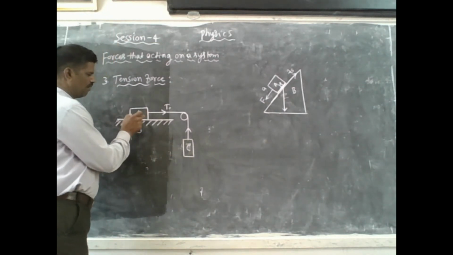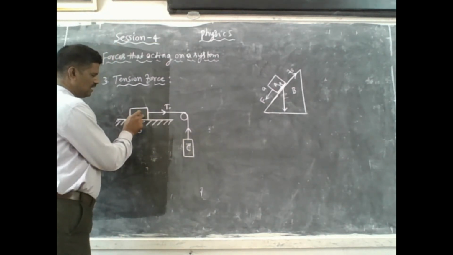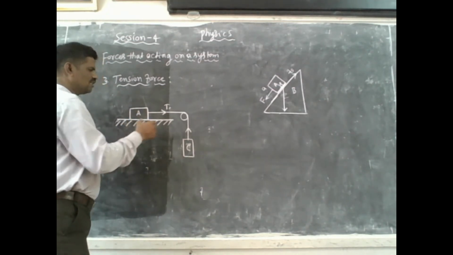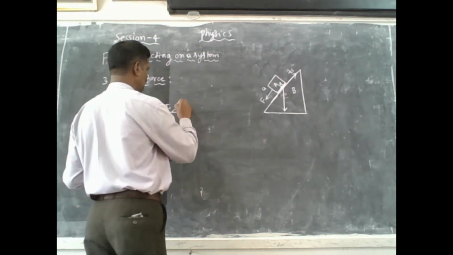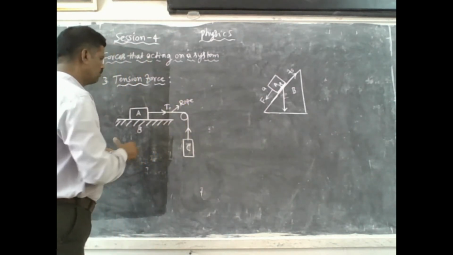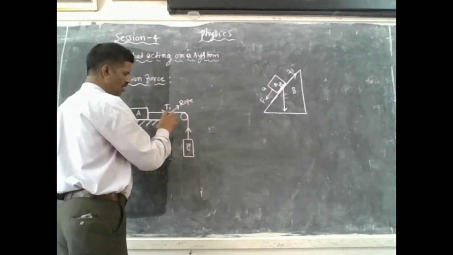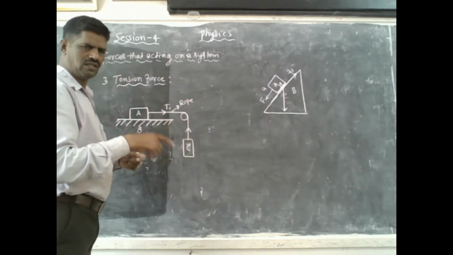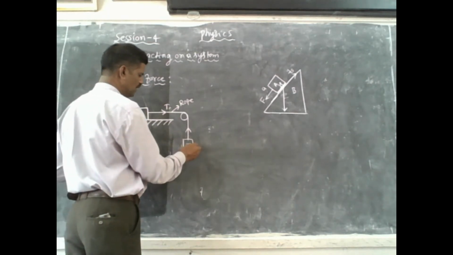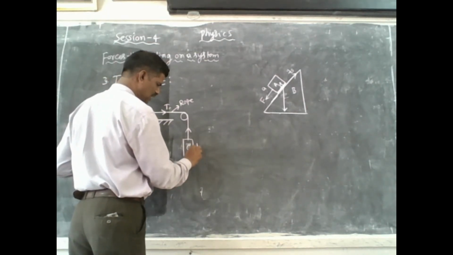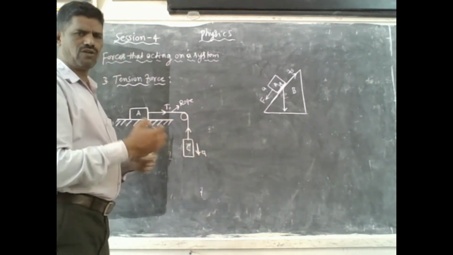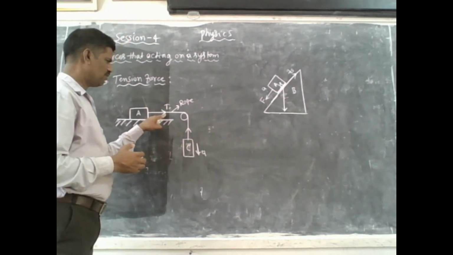That means a body A is kept on another body B, and body A is pulled by a rope, which rolls over a frictionless pulley, due to the acceleration of the body C. The tension is developed on the body.